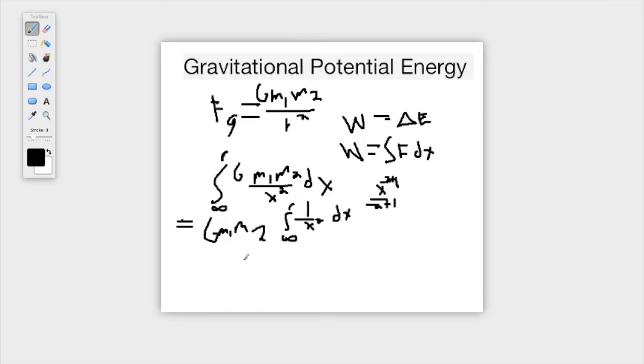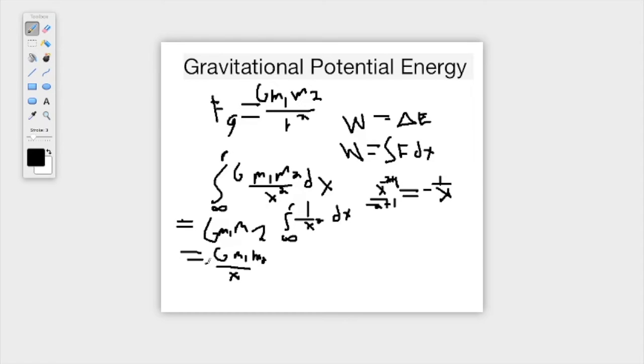So this simplifies to G m1 m2 over x, because this will just simplify to negative 1 over x, because negative 2 plus 1 is negative 1.